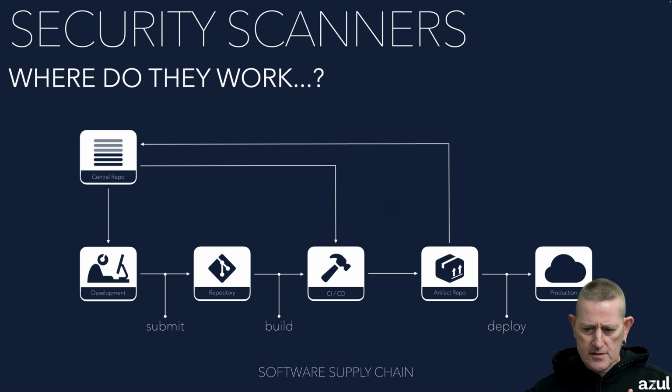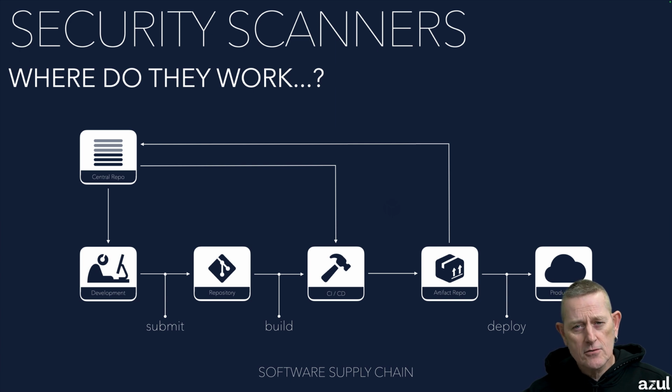Also from the CI/CD build, we pull in more dependencies from the central repository, and the artifact repository can, depending on what we are doing, also put stuff back into the central repository. So this is usually how it works. You will find similar diagrams, but in principle it is every time the same.